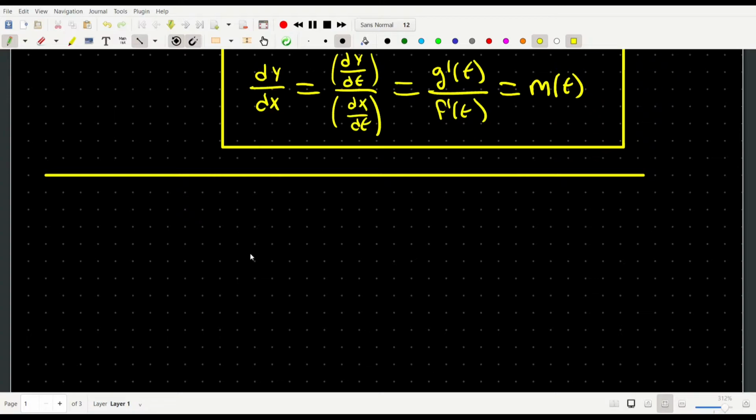For instance, I'll do the second derivative here. This requires a little bit more of an assumption on the functions f and g.